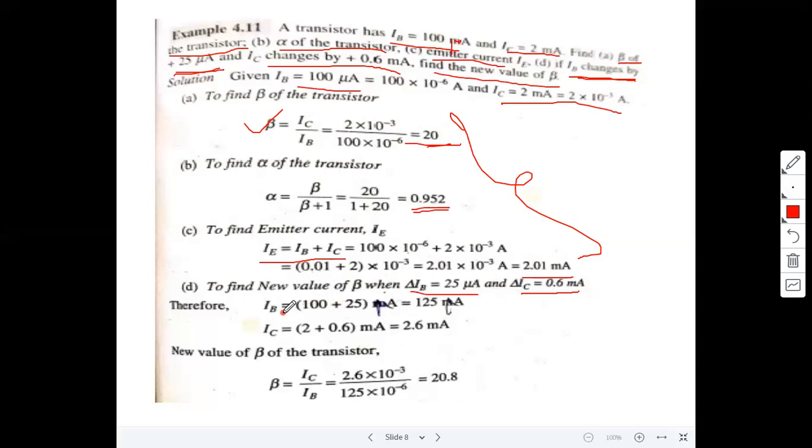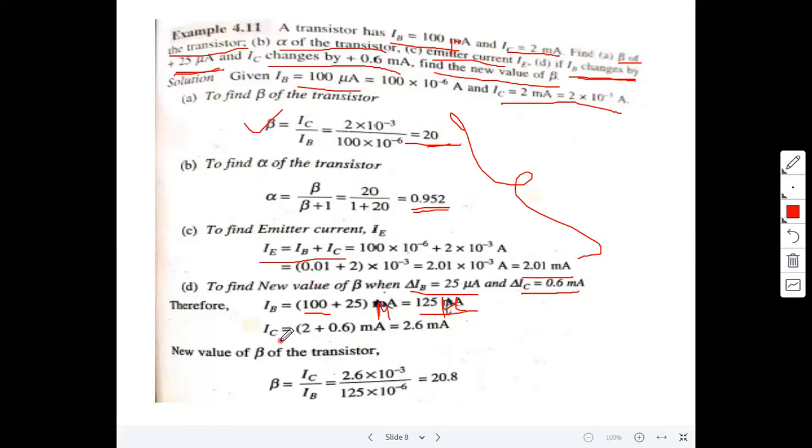So from that, new value of IB: previously it is 100 micro, 100 plus 25, 125 micro. This is not milli, this is micro. So 125 microamperes is the new base current.